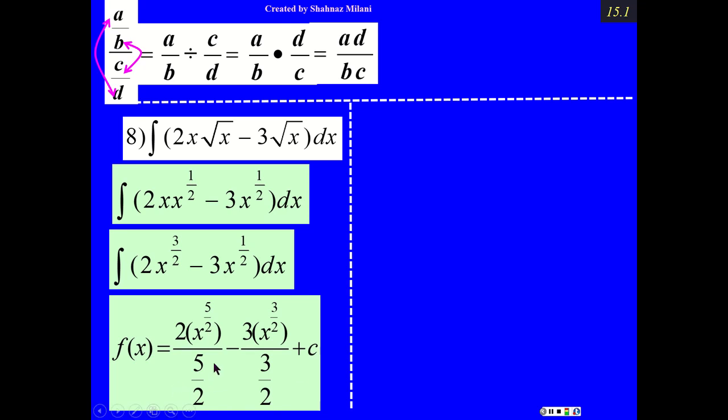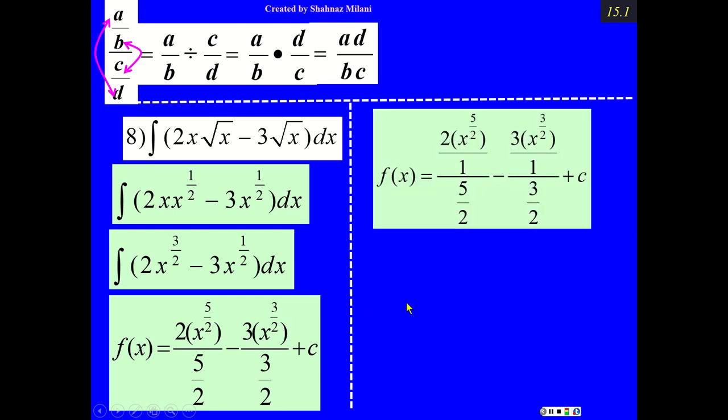Now, from here, I have a complex fraction, but let's write both numerators over 1. This way, we can see our complex fraction, which we solve by my shortcut. We multiply the outside by each other. It goes as a numerator, which is going to be 2x to the exponent 5 over 2 times 2.